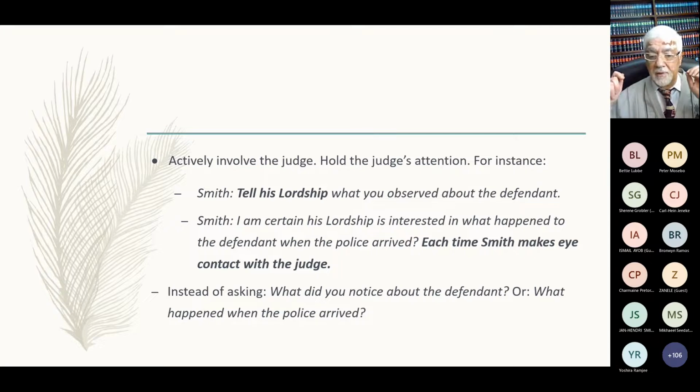And at that time, you make eye contact with the judge. So you're bringing the judge into the conversation all the time. These are crucial moments in the evidence. You will say, tell his lordship what you saw. I'm sure his lordship wants to hear this.